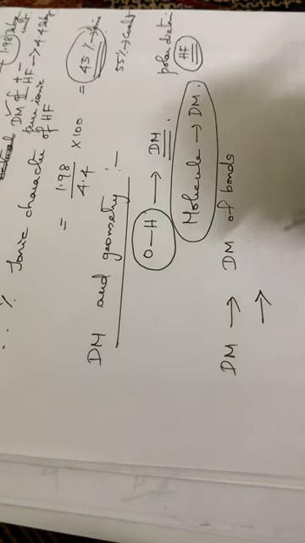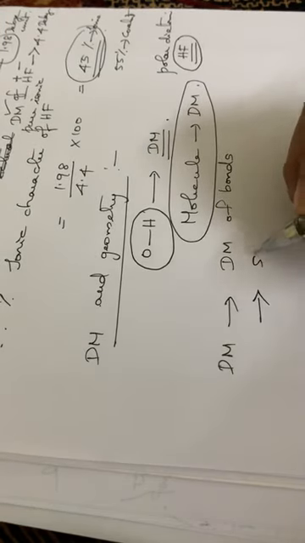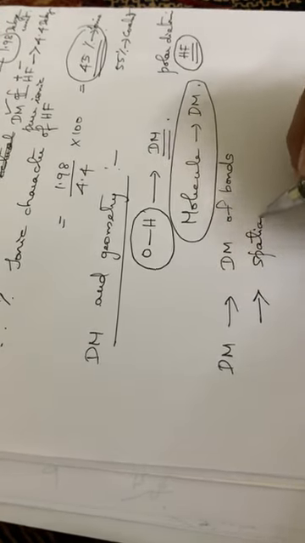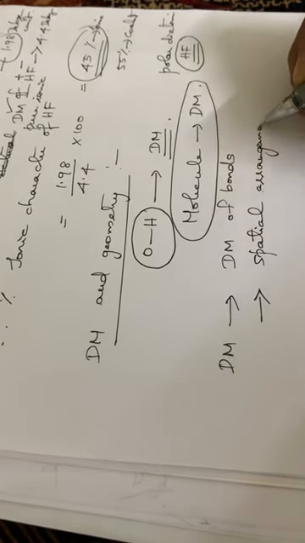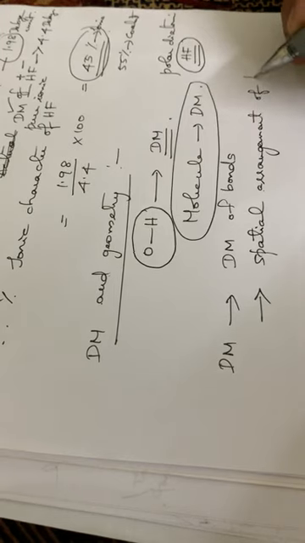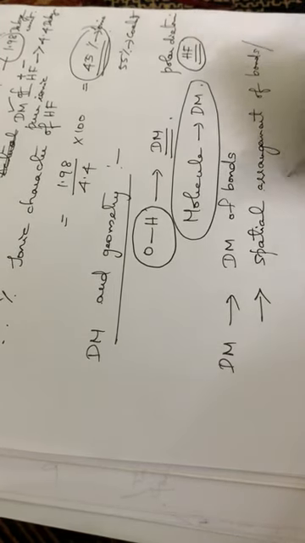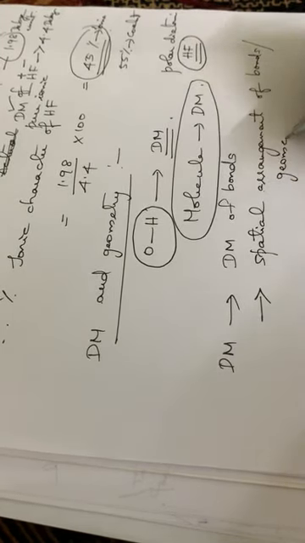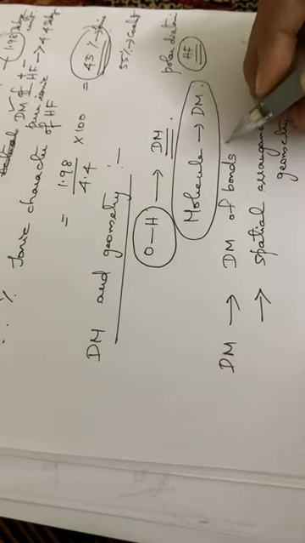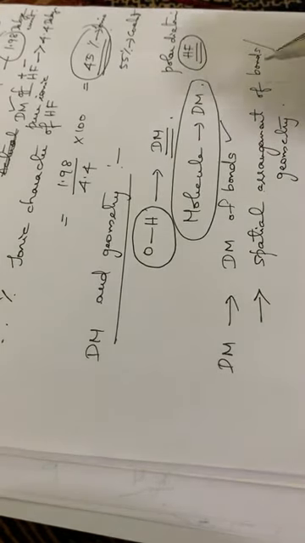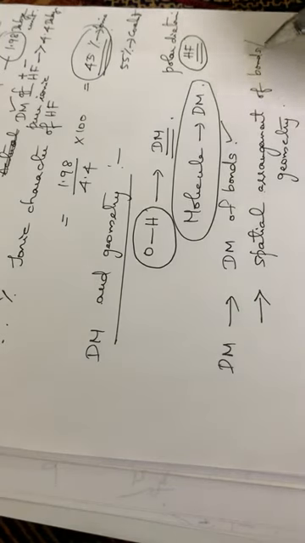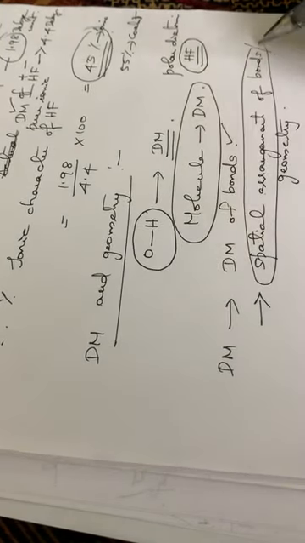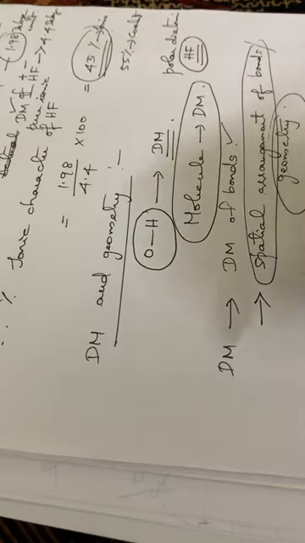Then the second point is that the spatial arrangement of the bonds. This dipole moment will depend upon the spatial arrangement of the bonds. Spatial arrangement means the geometry of the molecule, isn't it? So dipole moment depends on both these two factors. That is, it depends on the dipole moment of the bonds as well as the spatial arrangement of the bonds or the geometry of that particular molecule.